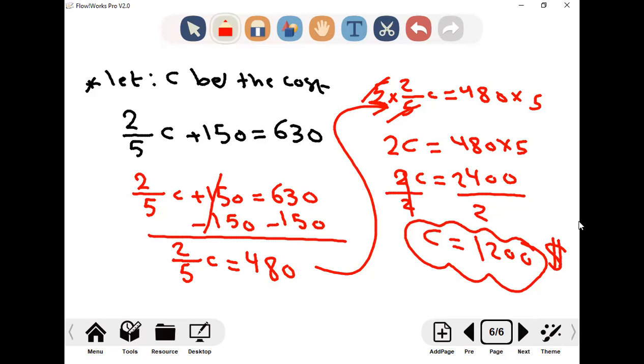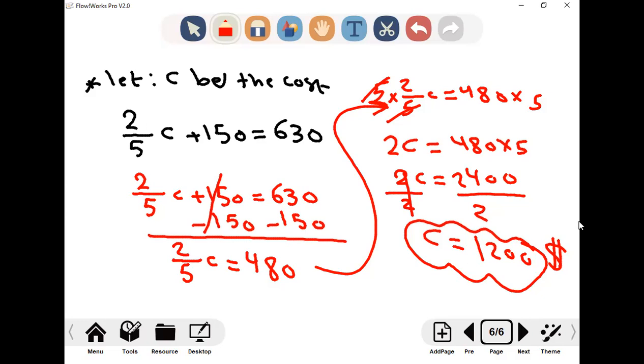If you see, in your book on page 87 at the top, they made a table. In words, they wrote 2/5 of the cost, plus 150, is 630. So they are translating the equation only. Is it filled in your book?